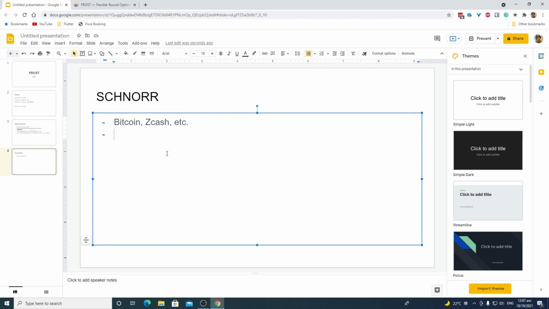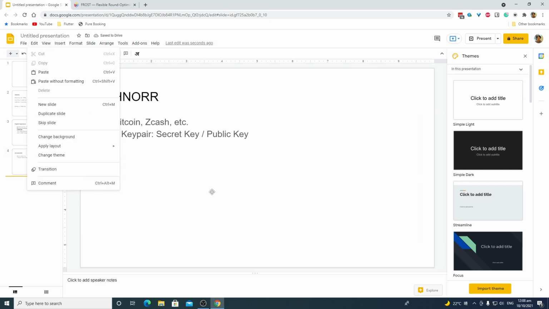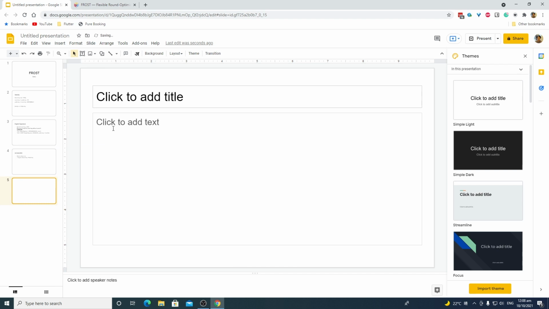And the purpose of FROST. Right, so now we'll go back to the main point. For Schnorr, you're dealing with one key pair. So the identity is the secret key and this public key.